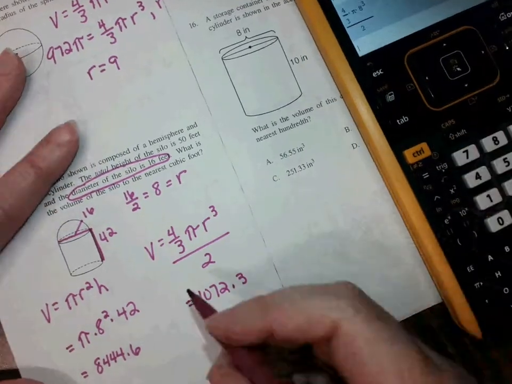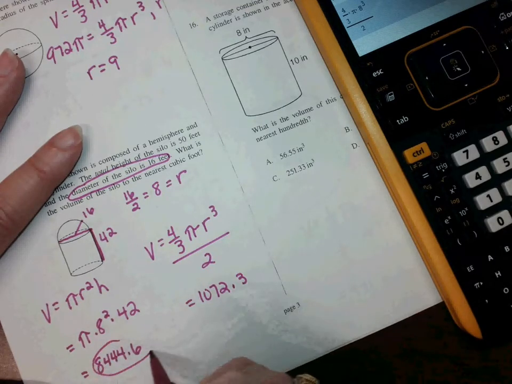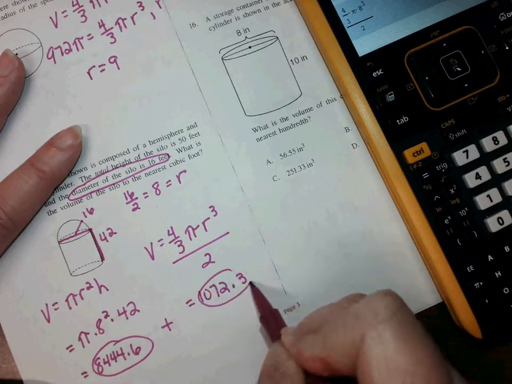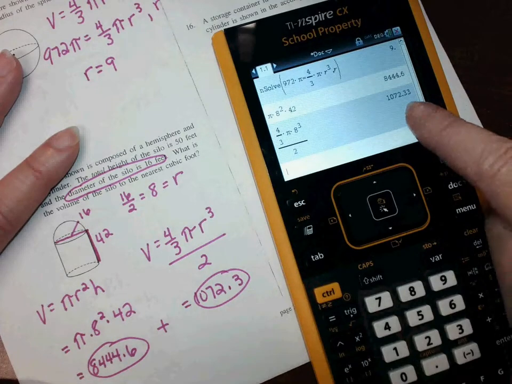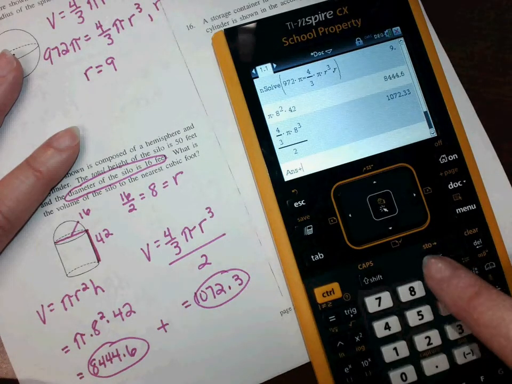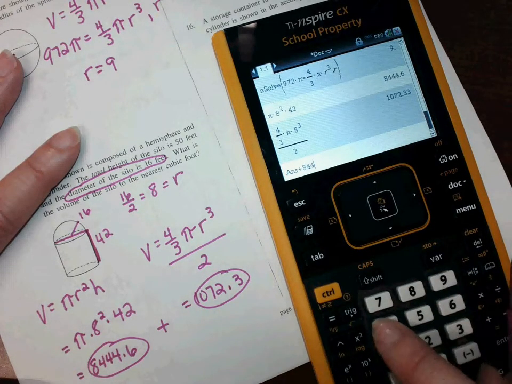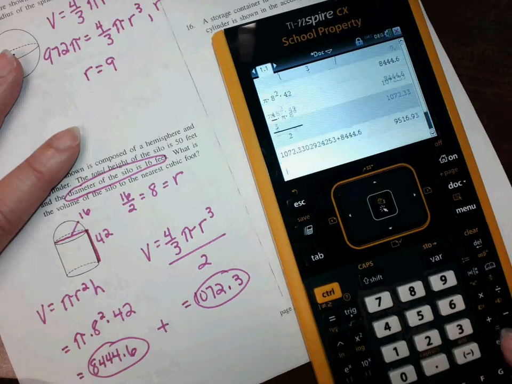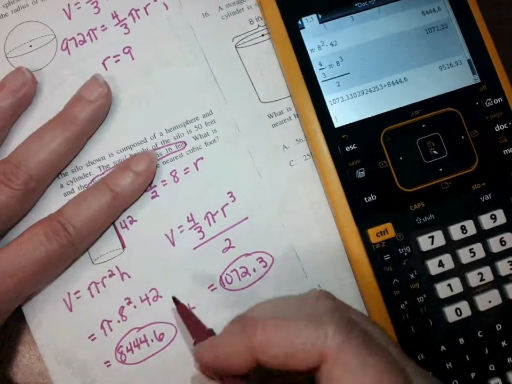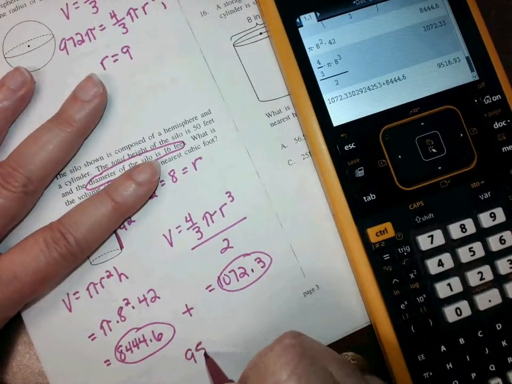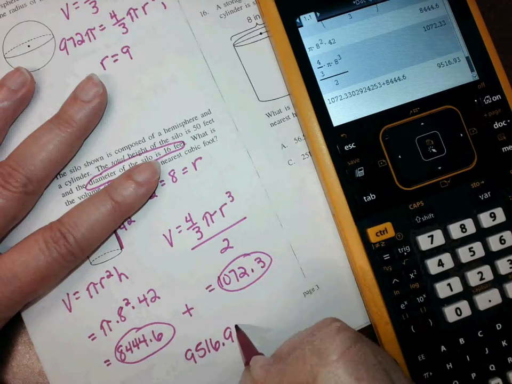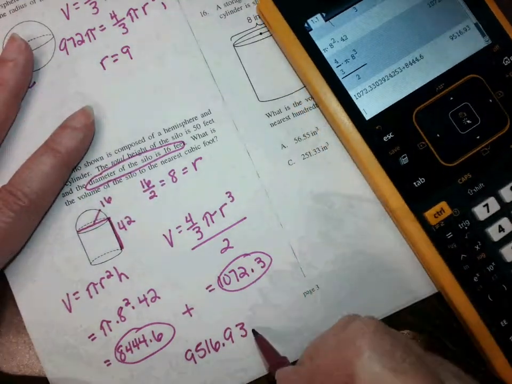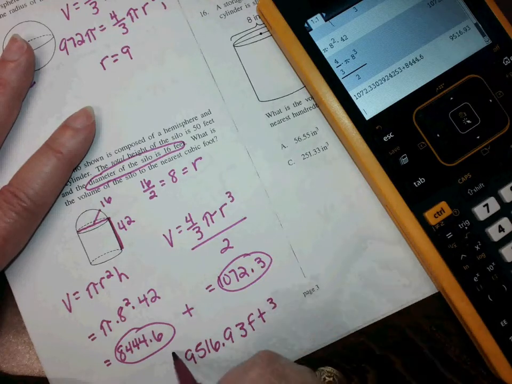And then the total of the whole thing would be this plus this. So I'm going to take this and I'm going to add 8444.6. And I get 9516.93. And this is in feet cubed.